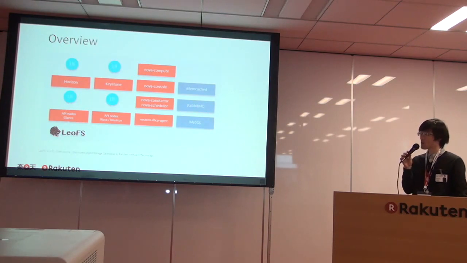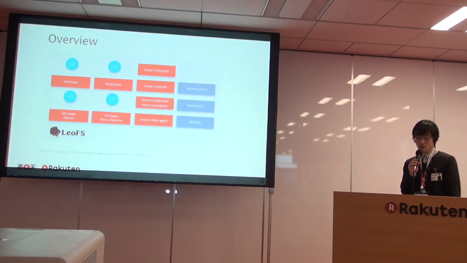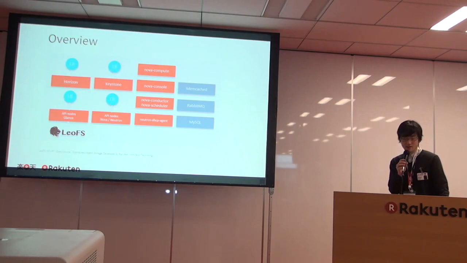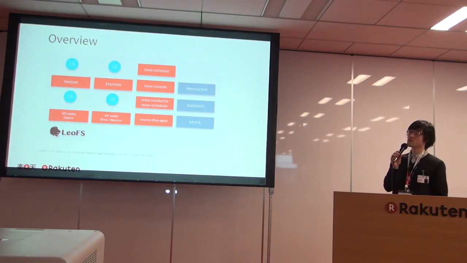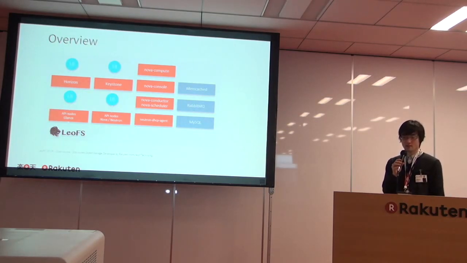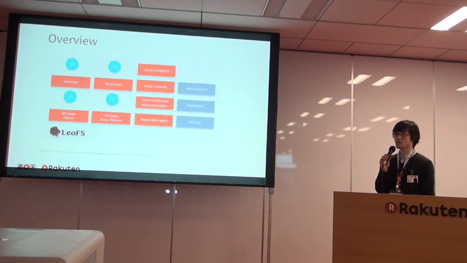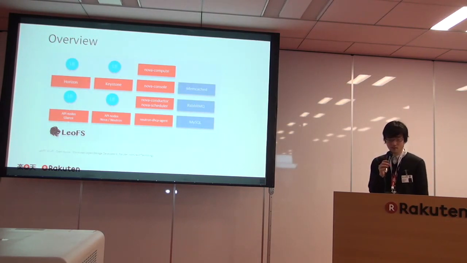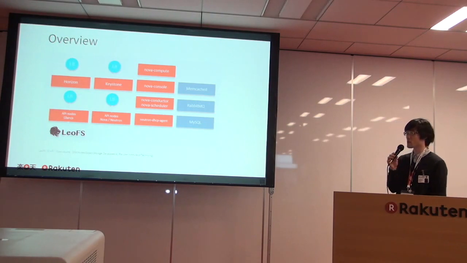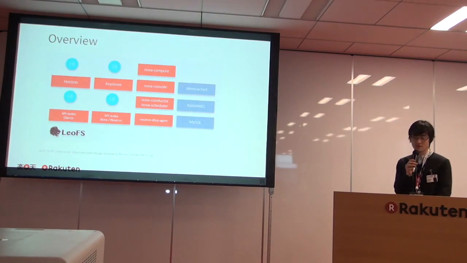As OS image backend, we are using RareFS. RareFS is an object storage system, and it has an S3 compatible API. It is developed by Rakuten Institute of Technology. So I think a session on RareFS is planned in this afternoon, so please attend it.